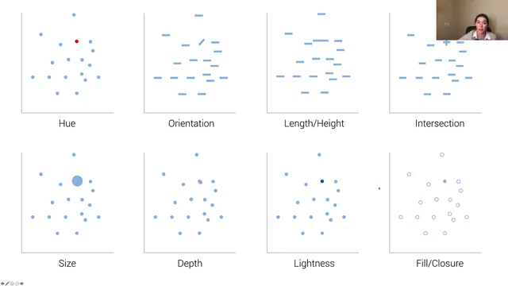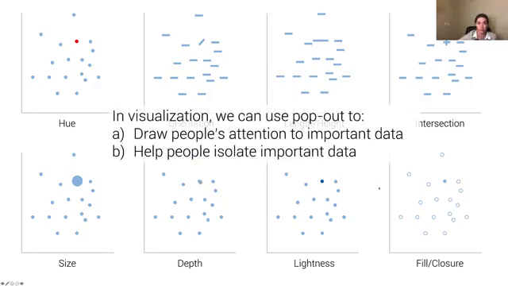But these kinds of pop-out cues can be incredibly effective because we can draw people's attention immediately to important data, and we can help people isolate that important data. We can see that data in context, but our attention is immediately pulled to where the important information lies.